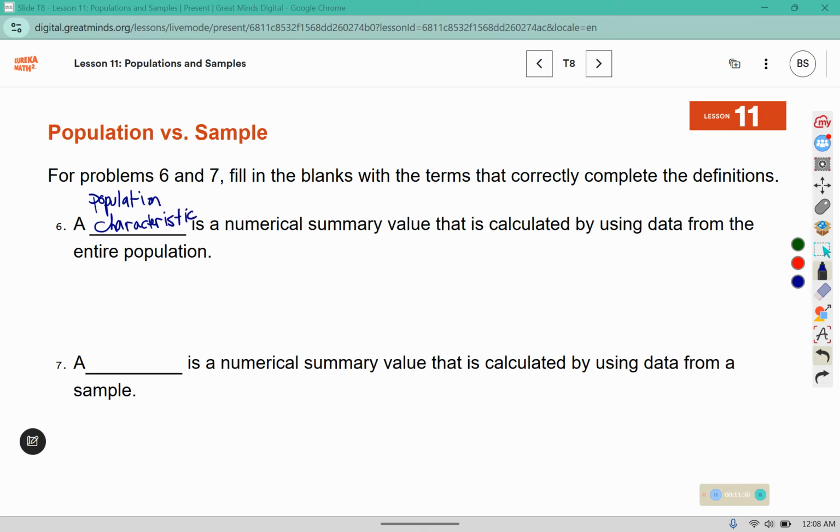A blank is a numerical summary value that is calculated by using data from a sample. This one is called a sample statistic. So if we're using data from the entire population, it's a population characteristic. If we're using data from the sample, it is called a sample statistic.